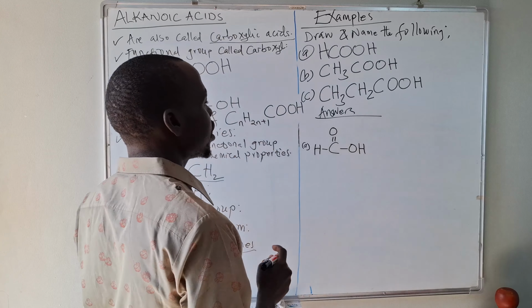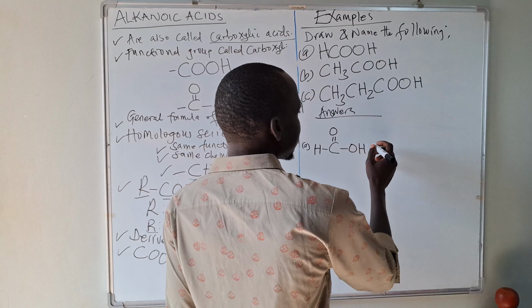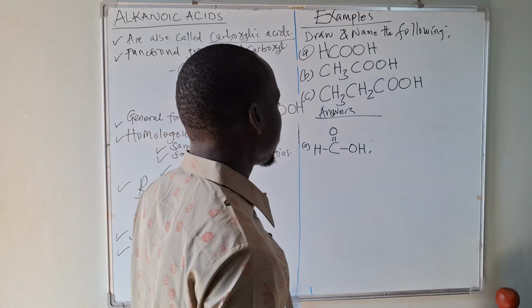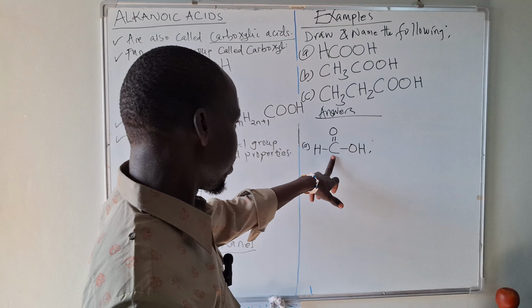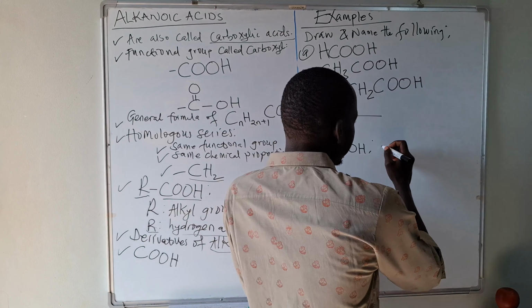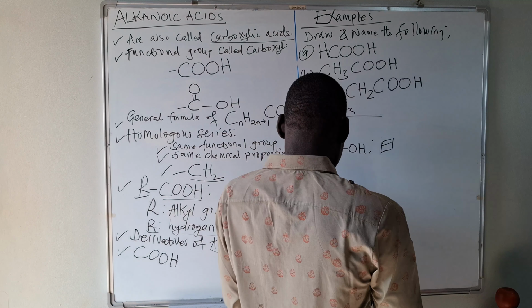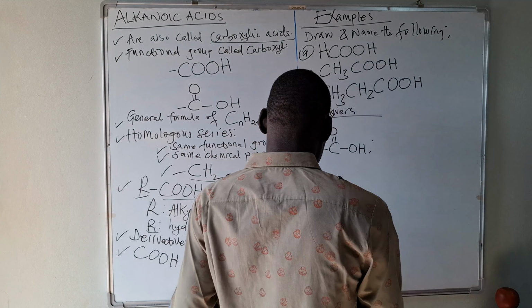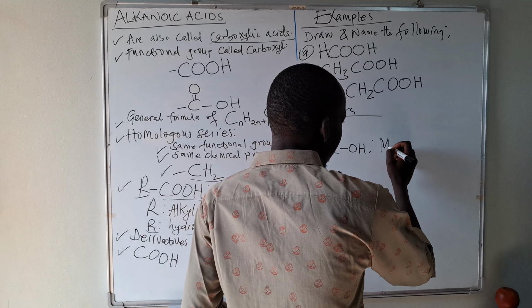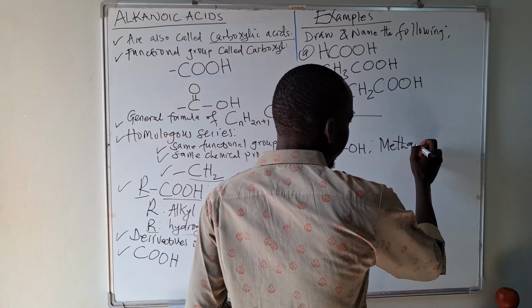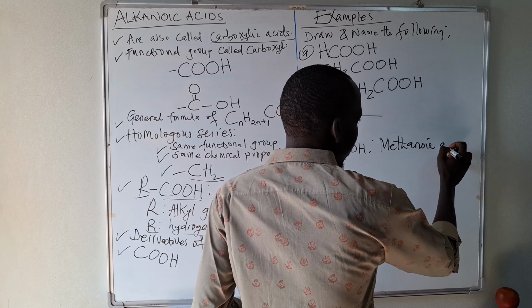That means I've drawn it. So how can I name it? What will be the name given to this? See, this one has one carbon atom. This becomes methanoic acid.